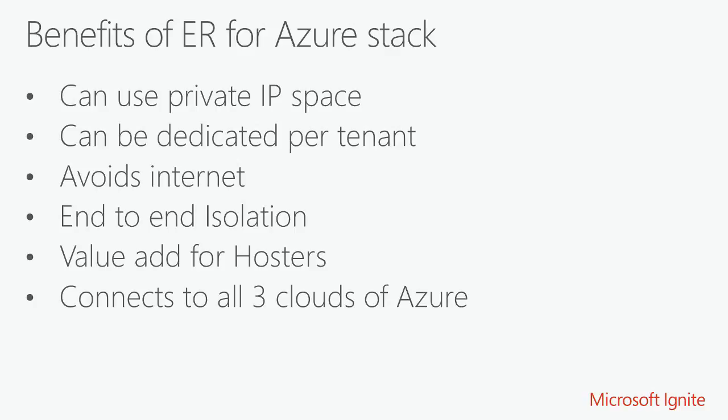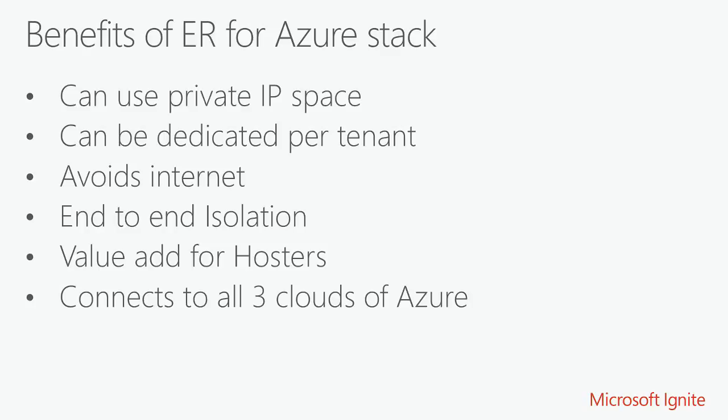Benefits of ER for Azure Stack: there is no problem with the public IP requirement here because you are connecting your private IaaS environment in Azure to your tenant VNets in Azure Stack, and they all can be in private IP space. There is no public IP requirement there.